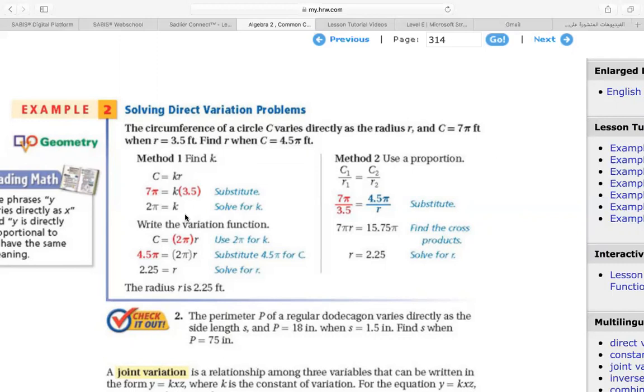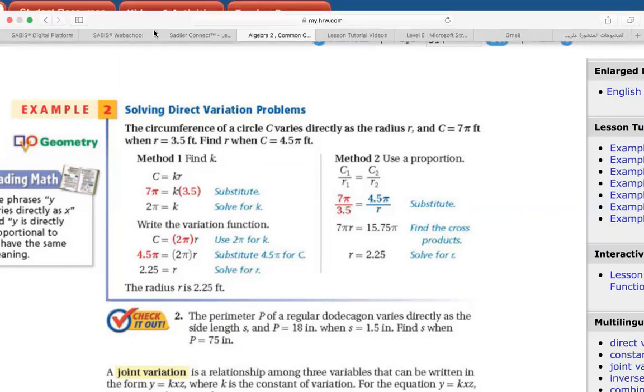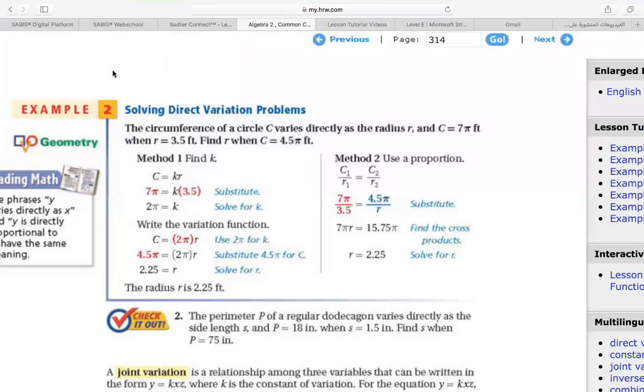So the first relationship here, I'm going to focus on now: C is equal to K r. Okay, girls? So when C was 7 pi, r was 3.5. They want to find r when C is 4.5 pi.